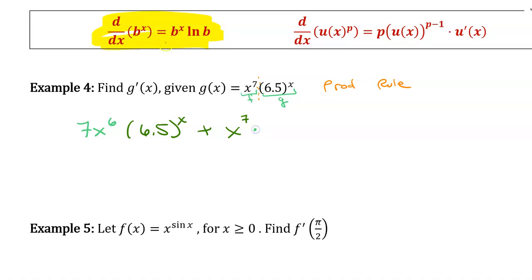This is where our formula would come in. So that would do 6.5 to the x power natural log of 6.5, according to our formula right there.